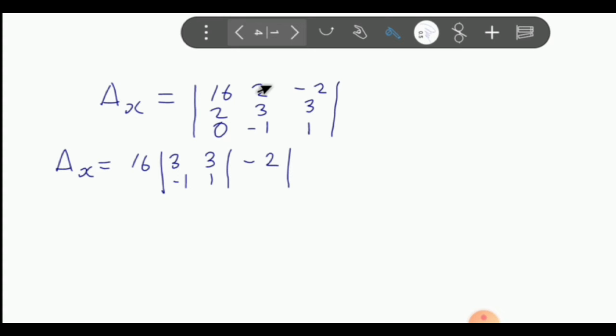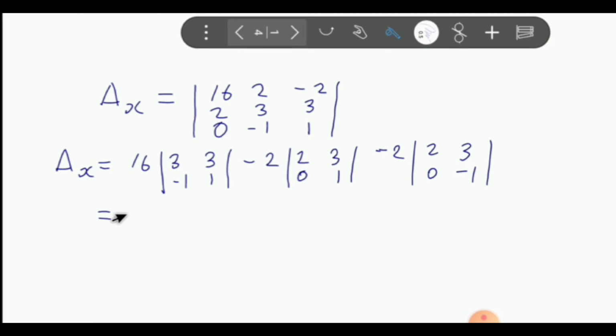I erase this row, erase this column. I will have 2, 3, 0, 1. Bring it down. And the last one, minus 2. I erase this row, erase this column. So 2, 3, 0, minus 1.